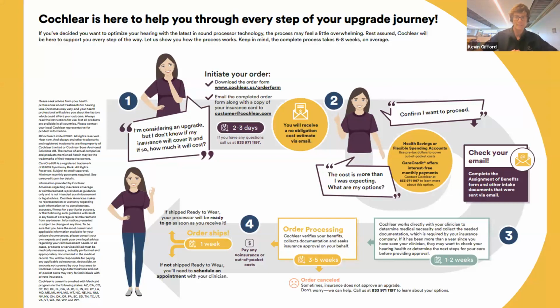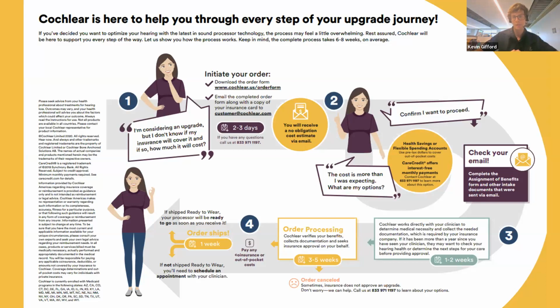Most commercial plans will approve an upgrade about once every 3 years if medically necessary. Medicare will usually approve an upgrade once every 5 years, and Medicaid is more of a state-by-state basis. But if you are eligible to upgrade, Cochlear will then reach out to your insurance team and get an estimate of your out-of-pocket cost.